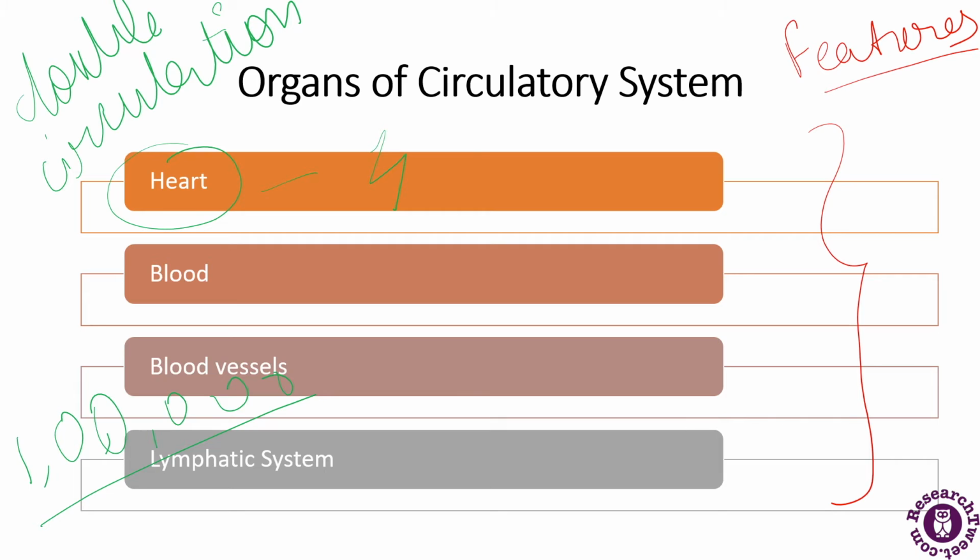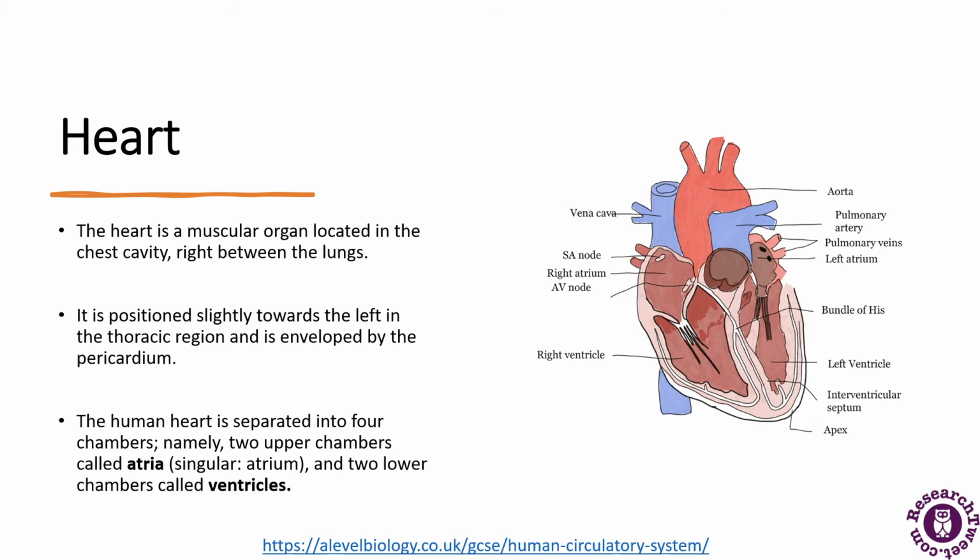Now we will discuss the important organs of the human circulatory system, and those are the heart, blood, blood vessels, and lymphatic system. First we will discuss the heart. So let's start with the heart. This is the heart, which is considered the main part of the circulatory system.